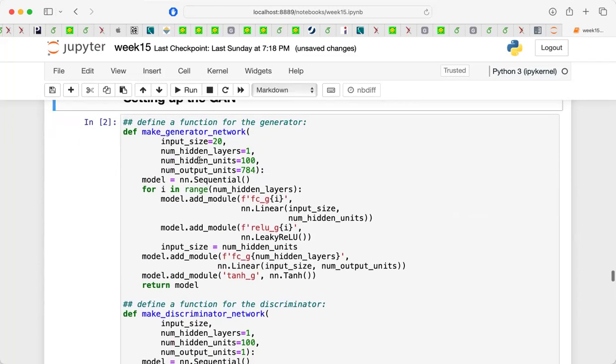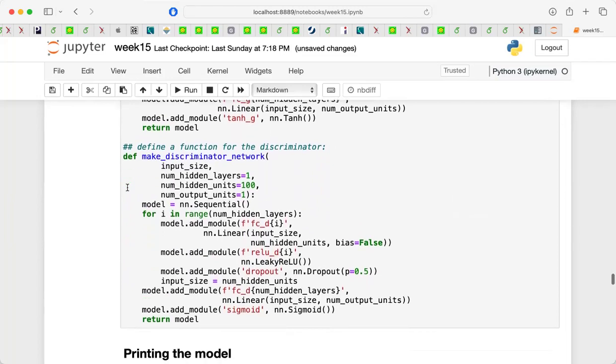In this specific case, the number of hidden layers is 1, the hidden units is 100, and then we have the output units, which is going to be the image which we want to produce. So this is the input size, the latent space, 20, and this is normally started by using, let's say, a Gaussian, or you could use a uniform distribution. So in the beginning, it would just be given by some kind of noise-like distribution, like a Gaussian.